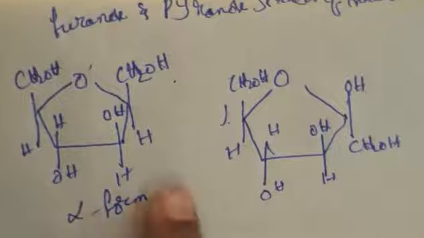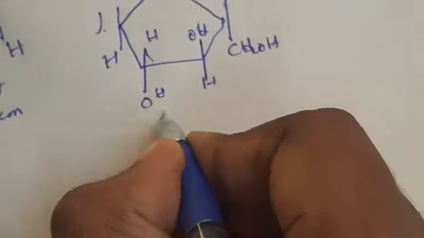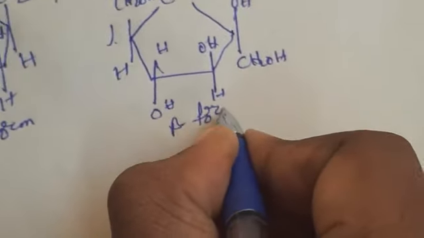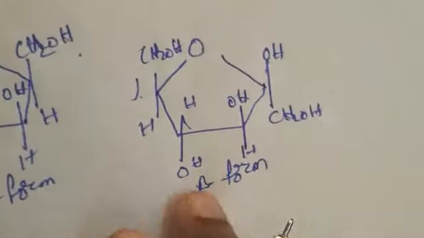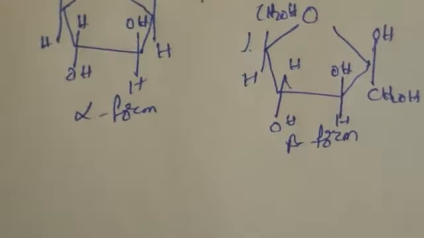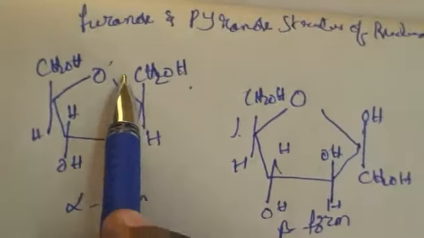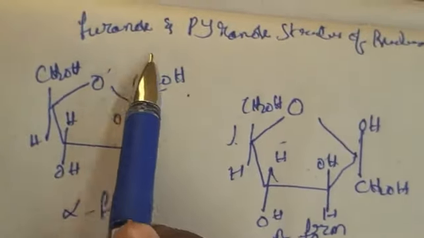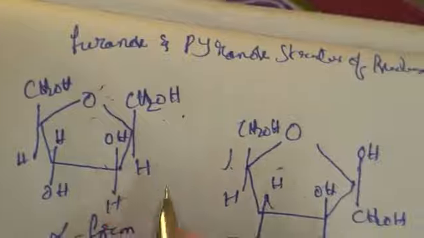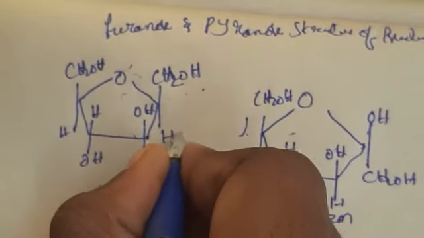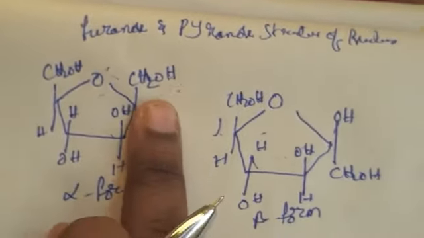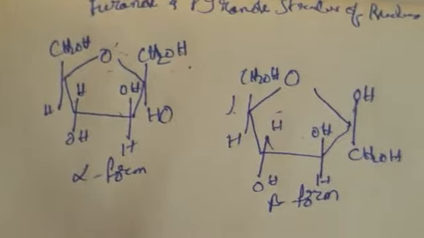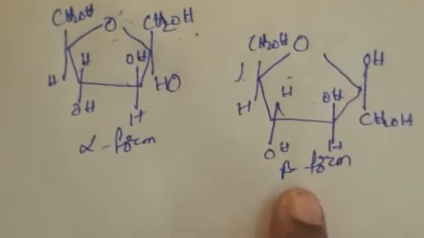Okay, see here this is the alpha form, this is the beta form. This is a 5-member ring, these two are furanose structures. Here CH2OH and OH are on the right side, that's why we call it alpha form. When we rotate this one we get the beta form.